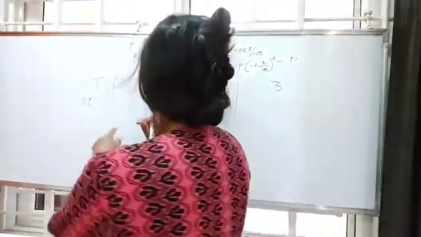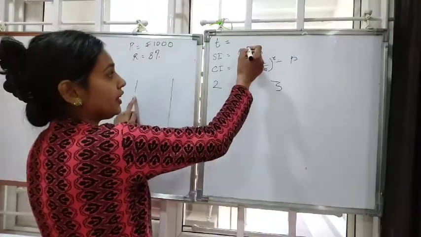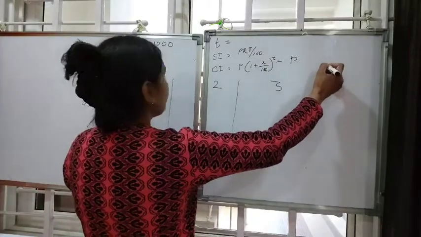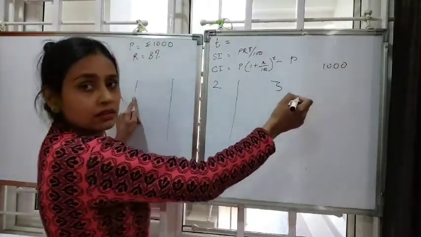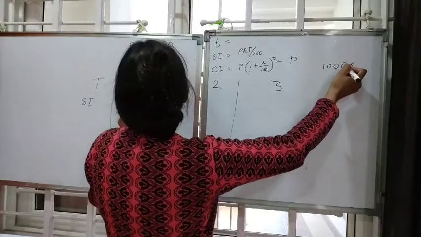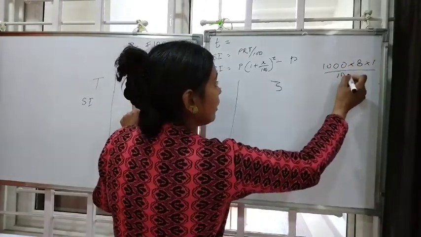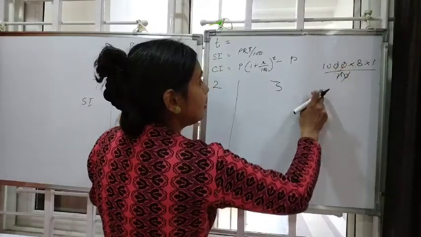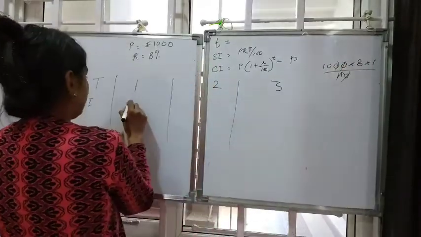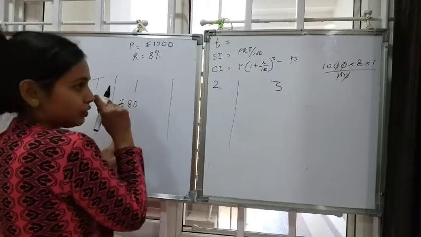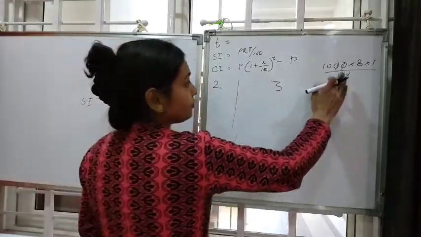When T is 1, P is 1000 and R is 8%, into 1 by 100. The 0s get cancelled. 10 8s are 80. So here simple interest is rupees 80.